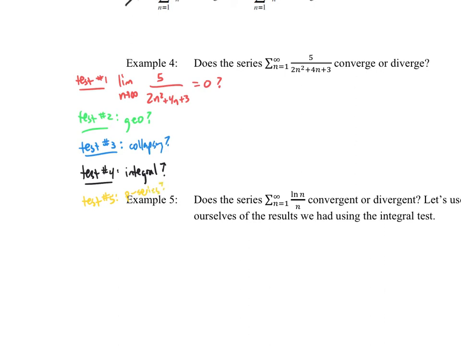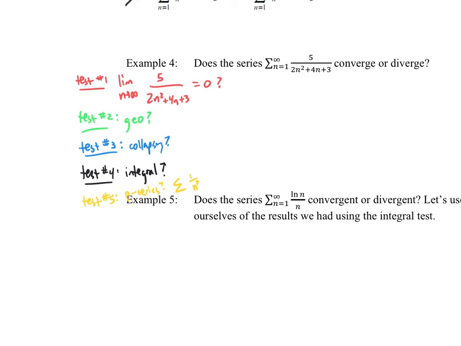Well, here's the issue. A p-series is the series 1 over n to the p. This has way more in it, clearly. I'm not concerned about the 5 or the 2, I can deal with both of those, but all of this extra stuff here is an issue for the p-series. That's extra stuff that we don't have as part of our definition for the p-series, so that's a problem.